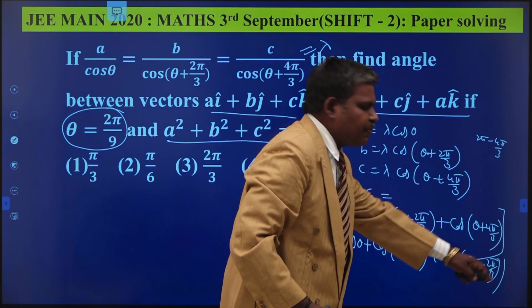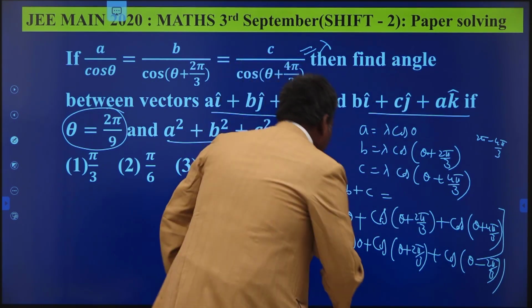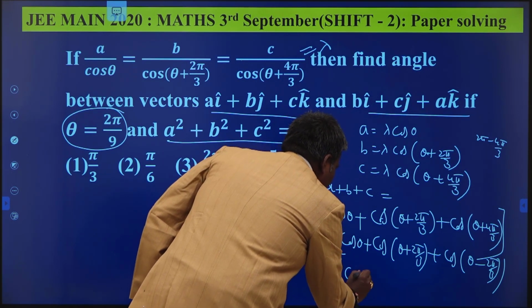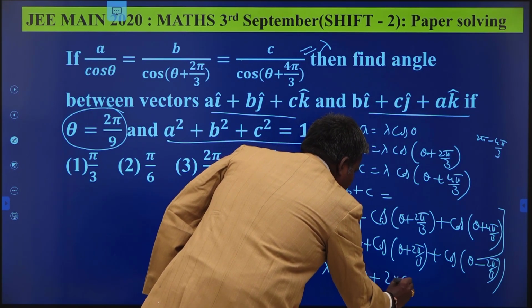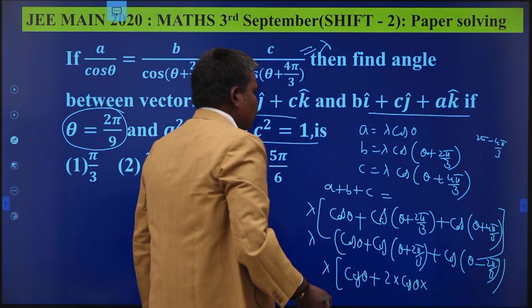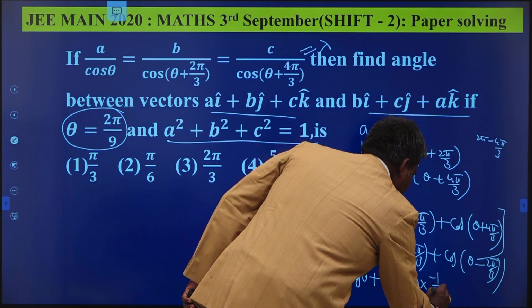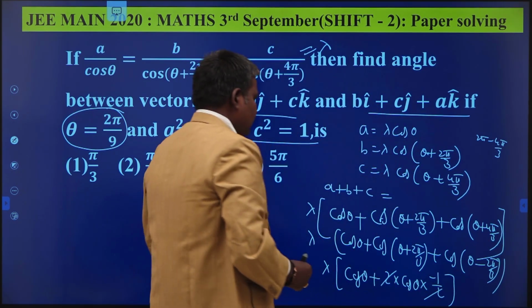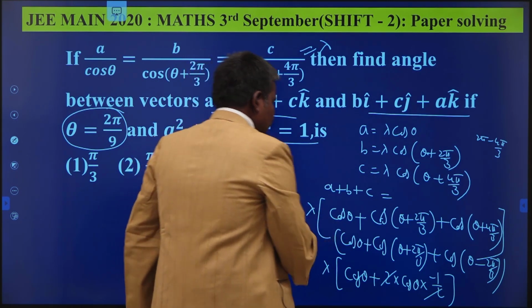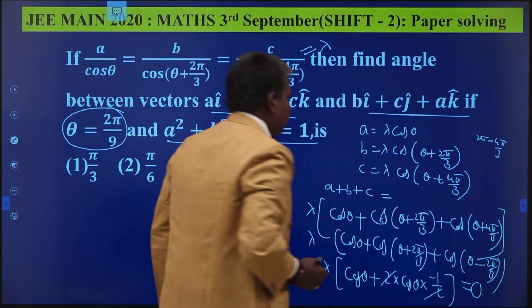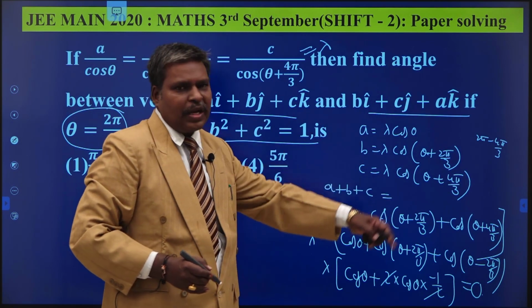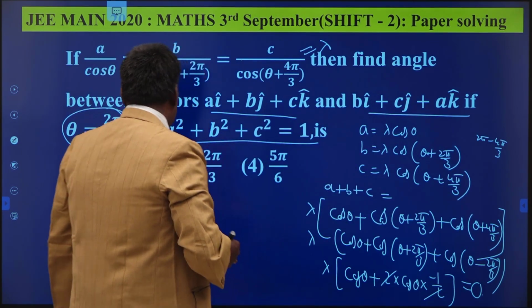Cos of (a plus b) plus cos of (a minus b) is 2 cos a cos b. Lambda times of cos theta plus 2 cos theta into cos 2 pi by 3, which is what? Minus 1 by 2. So 2 gets cancelled. Cos theta minus cos theta is 0, 0 into something is 0. So we have 0. So what we obtained? We obtained a plus b plus c is equal to 0.